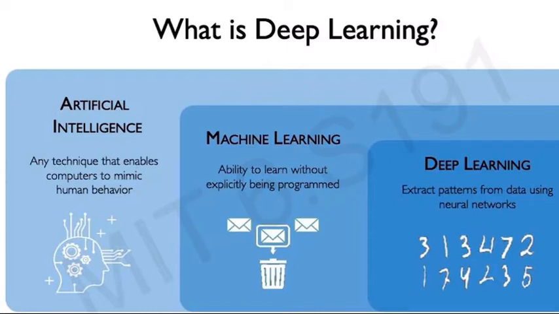So I'm going to say both machine learning and deep learning are powerful artificial intelligence tools. But I'm going to say distinction exists between machine learning and deep learning. Okay, and of course, in artificial intelligence in general, we are talking about techniques that will enable our computer to mimic human behavior.